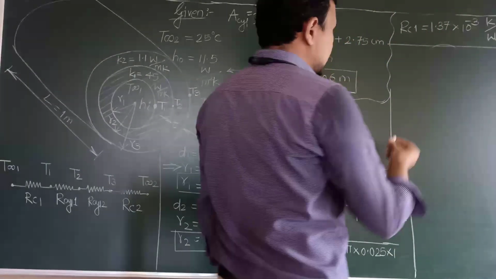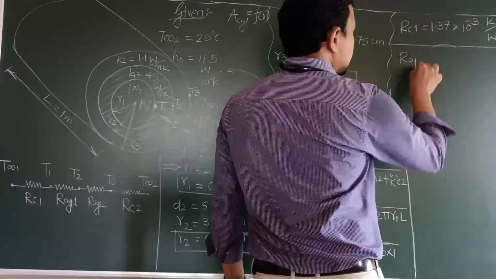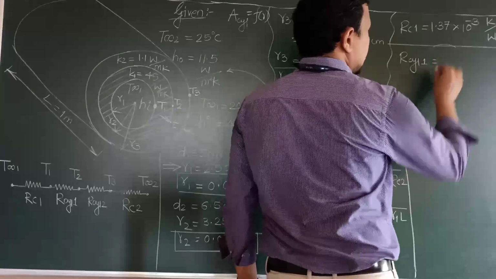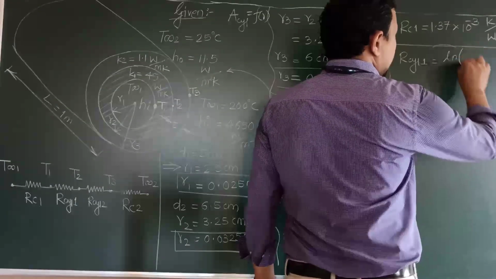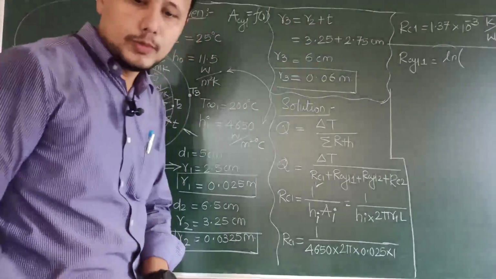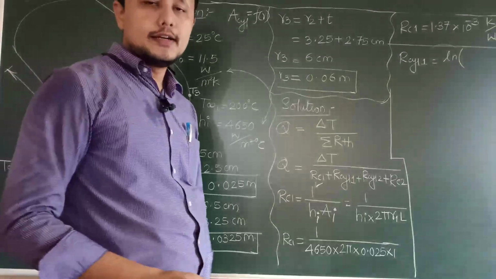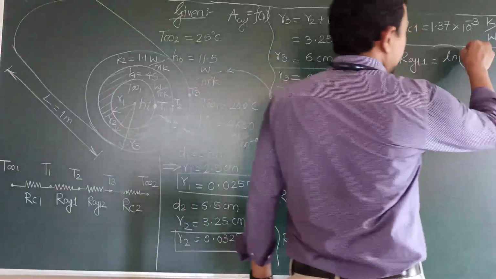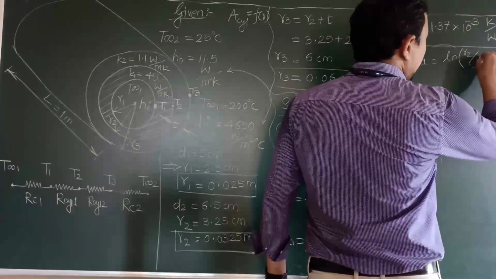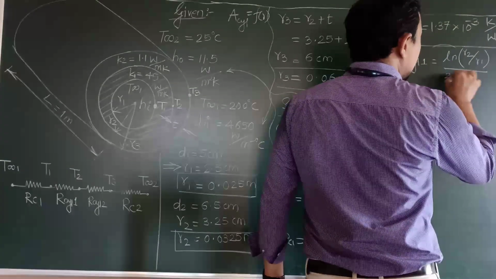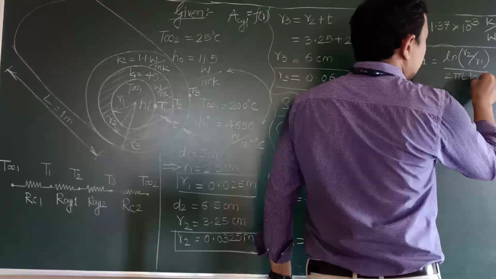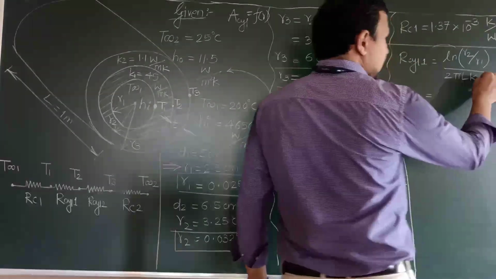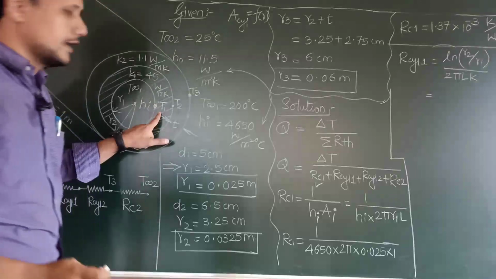So R cylinder for the first cylinder is equal to ln of R2 by R1. Always remember, when we write down R2 by R1, we are writing outer radius divided by internal radius. So this will be ln of R2 by R1 upon 2 pi Lk, and this k will be for that cylindrical material.